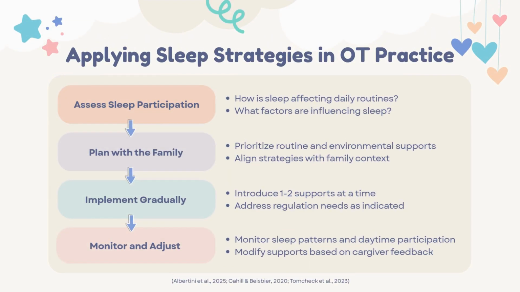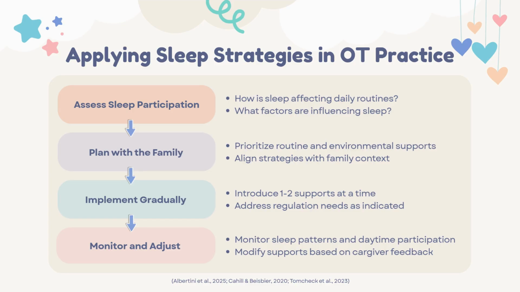When we bring this into practice, the process becomes more collaborative and gradual. The first step is to assess sleep participation, such as how is sleep impacting daily routines and what patterns are actually showing up. From there, we plan collaboratively with the family. We prioritize routine-based and environmental supports that fit within their context.